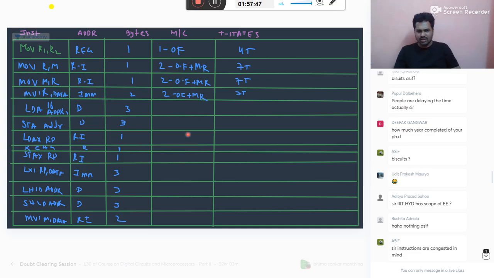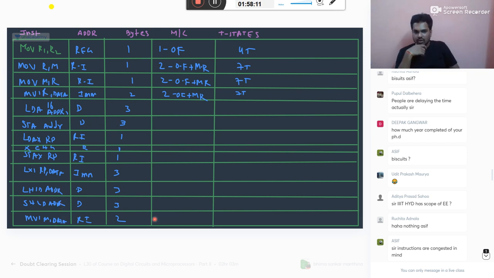Okay. So here we can skip this because we have already discussed it. Why waste the time now? Any doubt? Shall we make all these things or leave it? Fourth one, MVI R comma data. Register comma data. I'm not saying MVI M comma data.